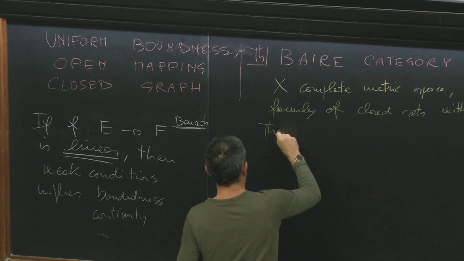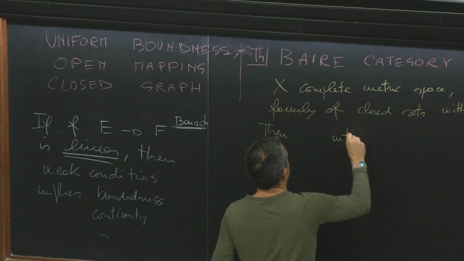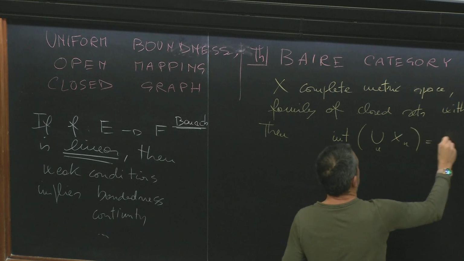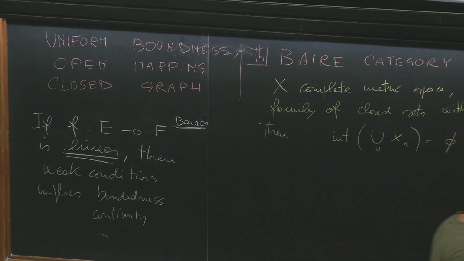Then the interior of their union is empty. Or you can state the opposite fact: the countable intersection of everywhere dense open sets is dense.